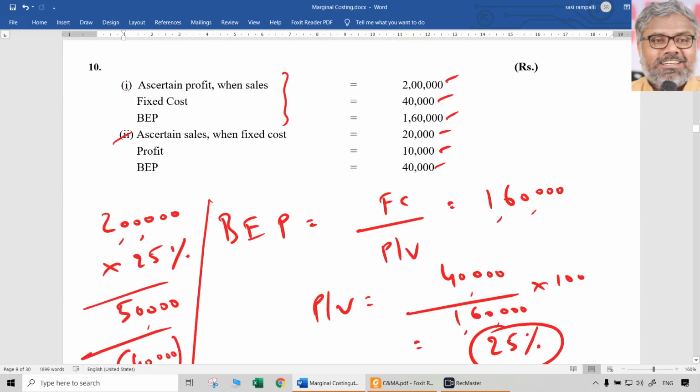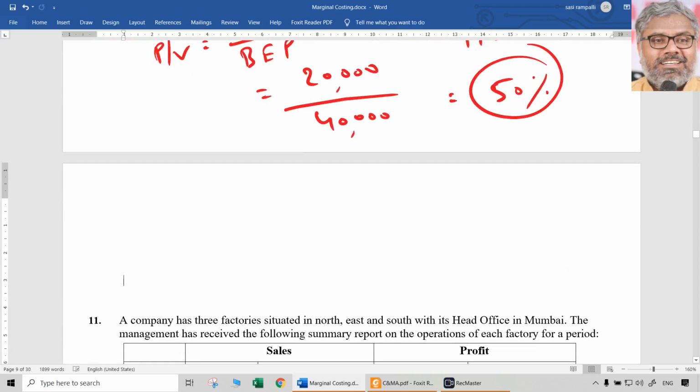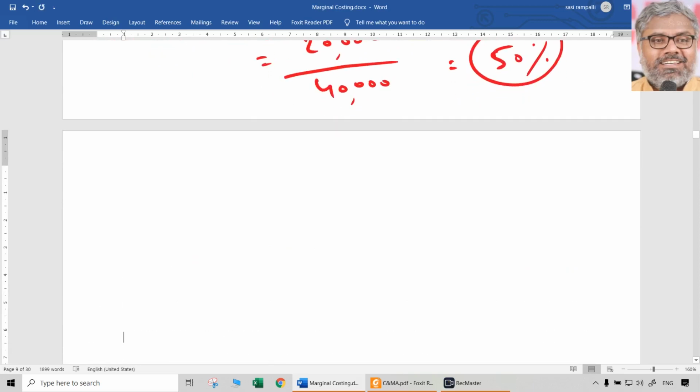But what is asked here? Sales is asked. When profit is known already, 10,000, break even point is known, that is 40,000, fixed cost is also given. How to get sales? And we know PV ratio already. So simple. First of all, we can find out contribution. What is the contribution formula? Another formula can be used.